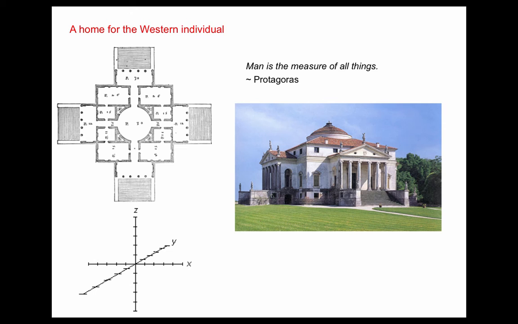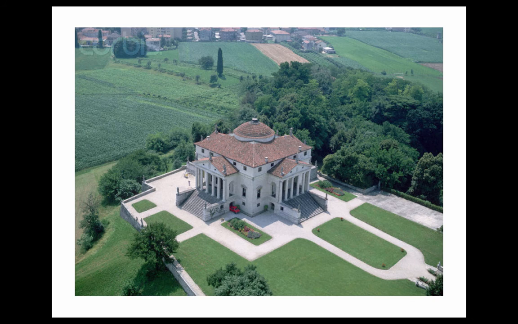So this architecture establishes a central standing point for the individual human being at the center of the X, Y, Z axes, from which we can then measure out and dominate nature. It's pretty clear what's the important thing here. Okay, that's the West. Very abbreviated.